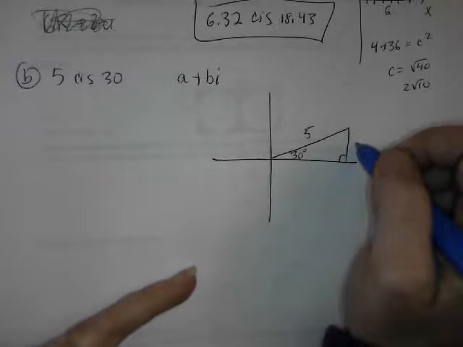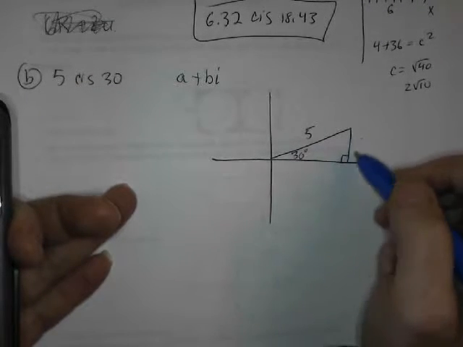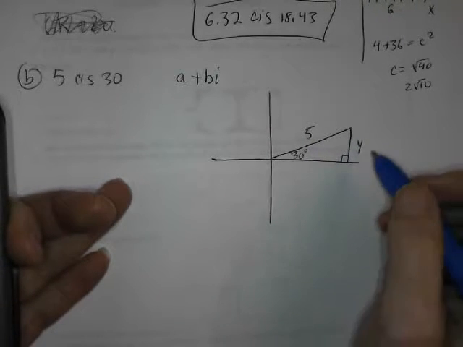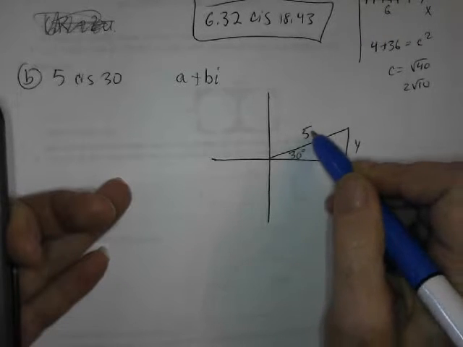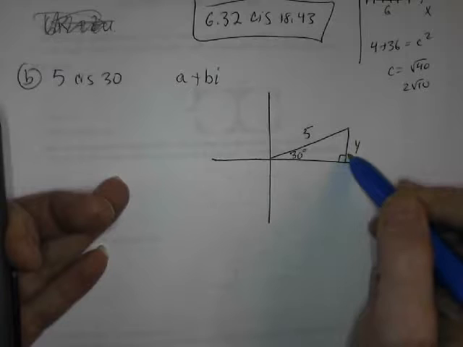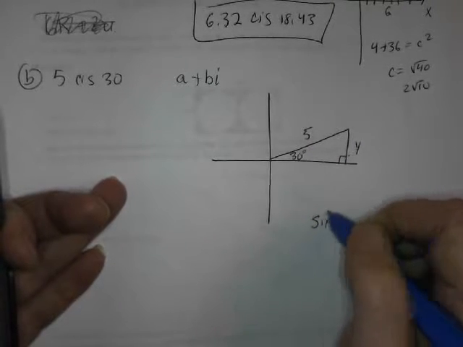To find this one, this is kind of like the y-coordinate. Opposite and hypotenuse. Opposite and hypotenuse. So what's opposite and hypotenuse? That's sine, right?